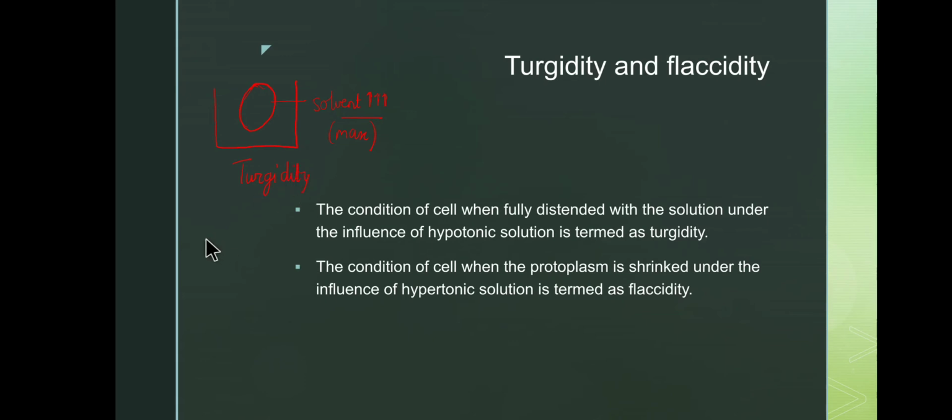And during plasmolysis, when the cell shrinks in size or tends to lose its solution to the environment, it becomes flaccid in nature. Flaccid means devoid of the solution, and turgidity means fully distended with the solution.